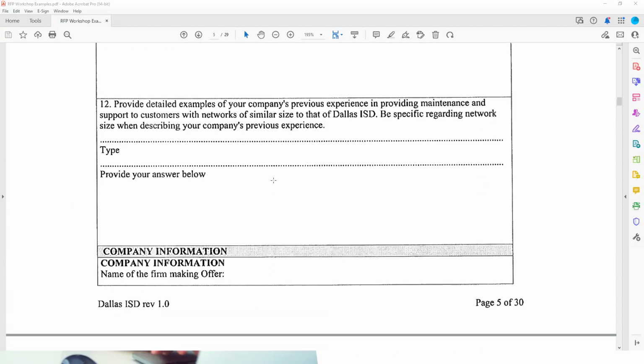Okay, so before we get into this other part, I want to talk briefly about references. Okay, so Dallas ISD has a couple different references that we ask for. MWBE asks for references, as well as procurement services asks for references.